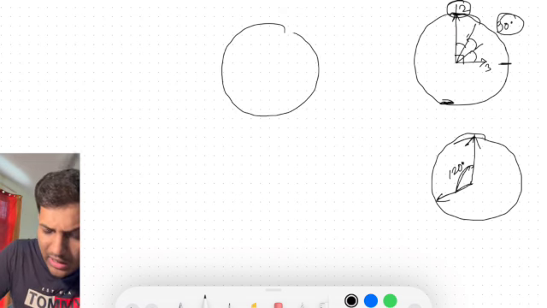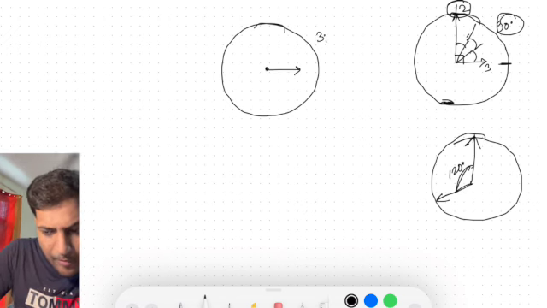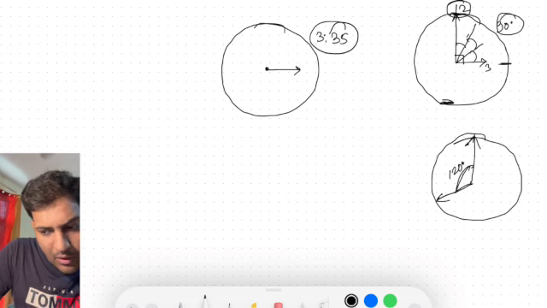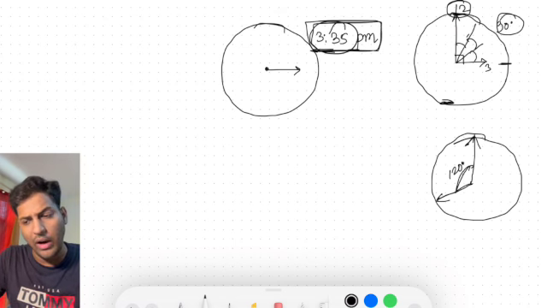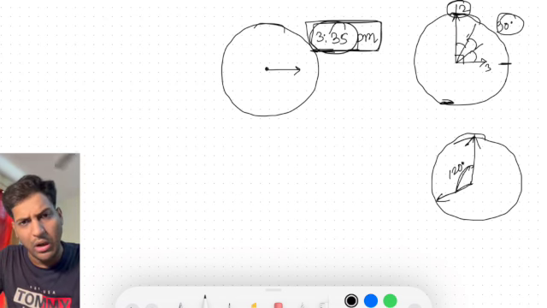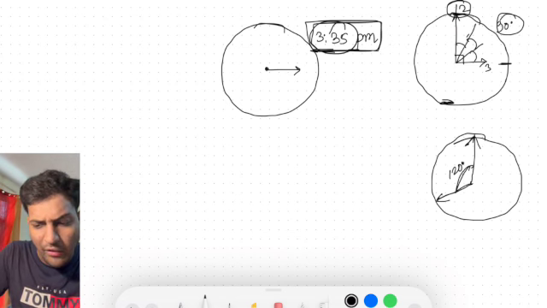Suppose 3:35 is the time I have given you. AM or PM doesn't matter in case of clock, minute hand and hour hand, because after 12 hours the clock repeats itself in the same manner as it was before. Now at 3:35, what is the angle between the minute hand and the hour hand?